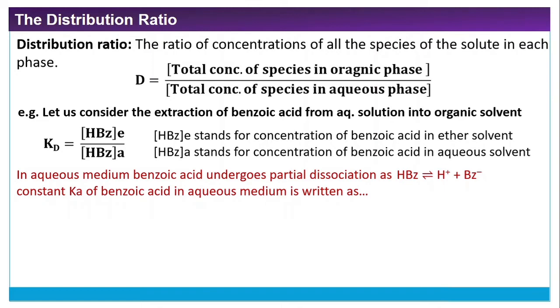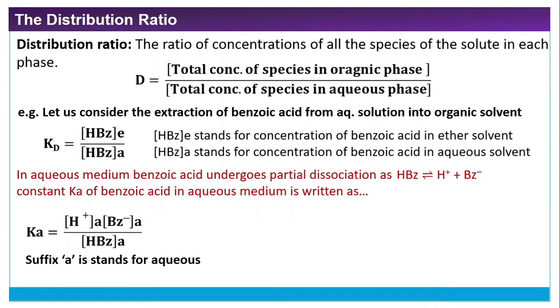The dissociation constant Ka of benzoic acid in aqueous medium is equal to the concentration of H+ ions in aqueous medium times the concentration of benzoate ion in aqueous medium, divided by the concentration of benzoic acid in aqueous medium.